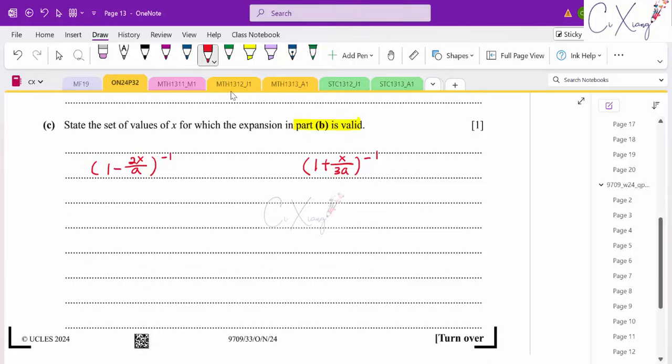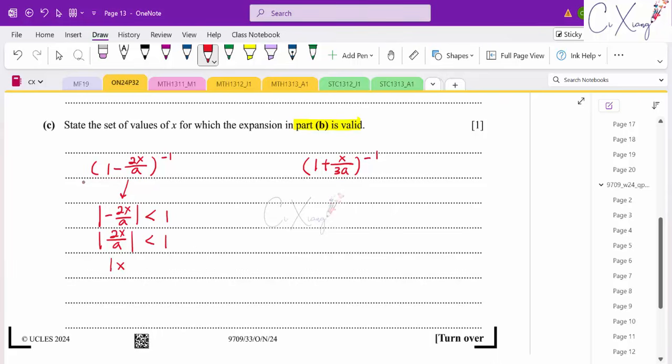Okay, so generally how do we decide the set of values for x? Basically the term at the back, so for this one, the term at the back means negative 2x over a. The modulus of it should be less than the number in front. The number in front for this particular bracket is 1. Then you should have modulus of 2x over a smaller than 1.